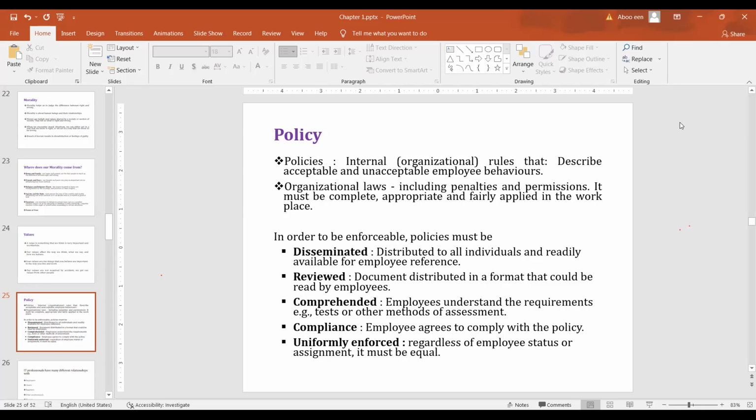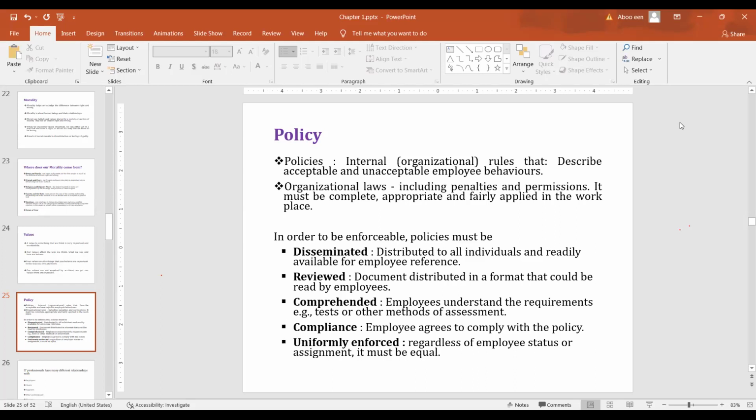It must be complete, appropriate, and fairly applied in the workplace. Organizational laws should be appropriate, and it should be complete, and it should be fairly applied, in a sense equally treated. Each and every employee should be equally treated in the workplace.